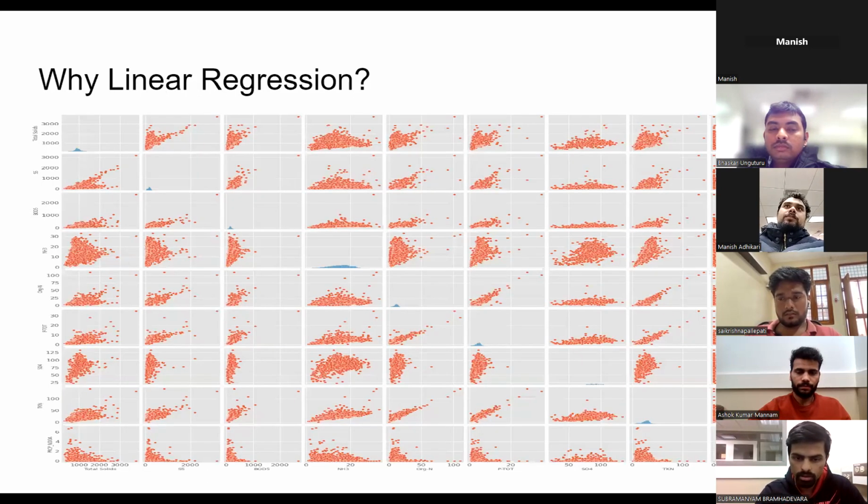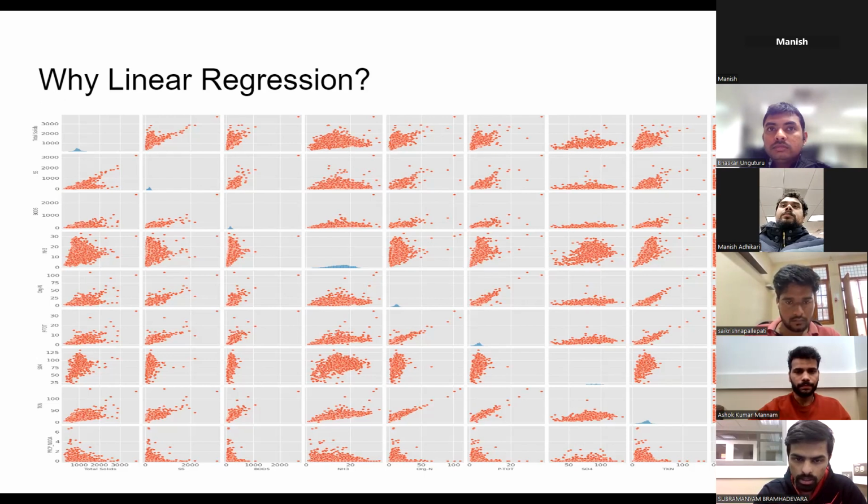Yeah, this thing. If you see between ORGN and TKN, the data is linear. That means as TKN increases, ORGN values are also increasing, which shows there is a linear correlation between them.